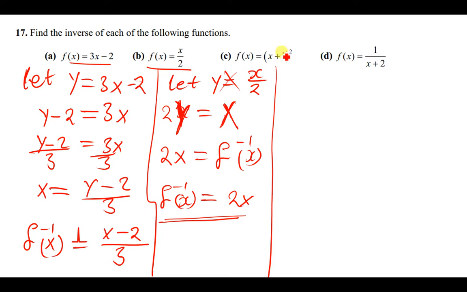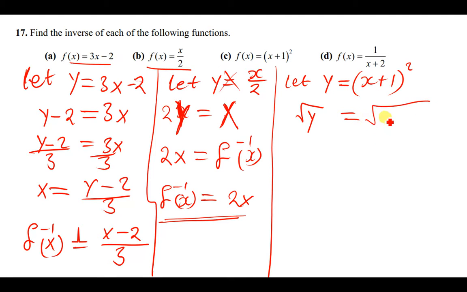Let us also find the inverse of this function. It will follow the same steps. We let y be equal to (x plus 1) squared. The first thing that we're going to do here is to find the square root of both sides, since we want to make x the subject in this equation. If we find the square root of both sides, we're going to have y this side, then the other side will also have the square root of (x plus 1) squared.